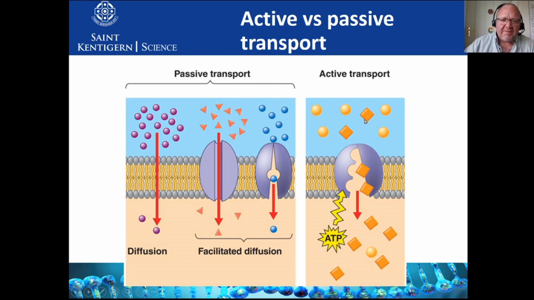The reason we have that is that we can sometimes have a very low concentration gradient, so diffusion is going to happen really slowly, so we might have to speed that up, or we can have a moving of molecules against the concentration gradient, so building up a bigger concentration gradient, or reuptaking nutrients and so forth. So you can think about your intestines: the further you go along, the lower the nutrient content, and we have to actively transport that into the cells.